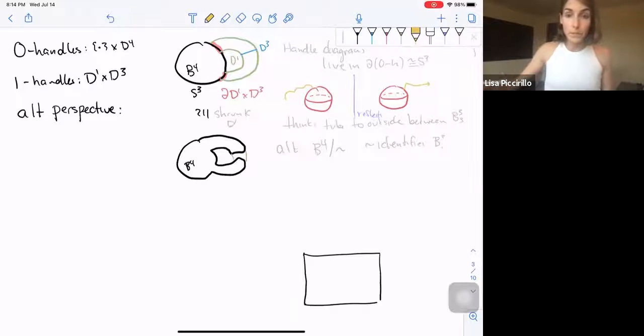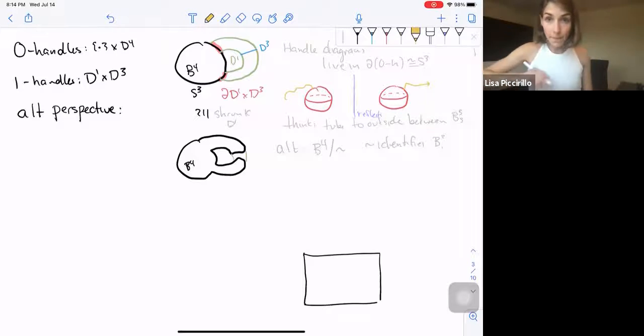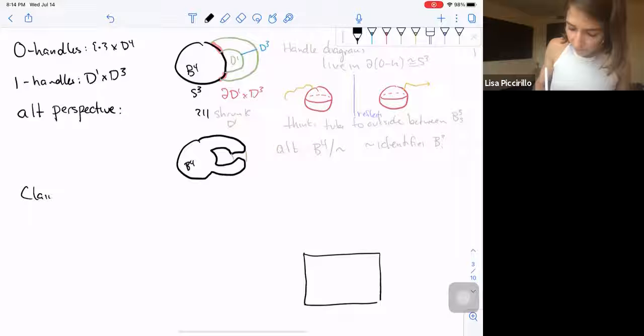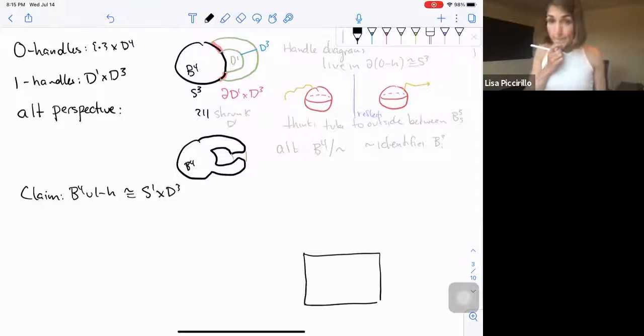Okay. I want to make another observation about one handles, which is what is the total space you get after attaching a one handle to the four ball? And I claim that that space is a pretty simple one. It should be S1 times D3. So let me try to prove that.